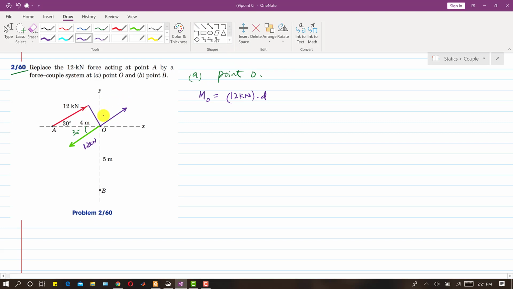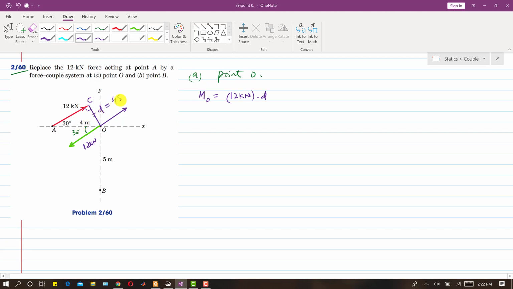Let's suppose this is point C. Using this triangle OAC, this angle is 30 degrees, this is 90 degrees, so this OC is the perpendicular. Let's suppose this is the distance D, the perpendicular distance, so this D is the sine component of this 4 meter.